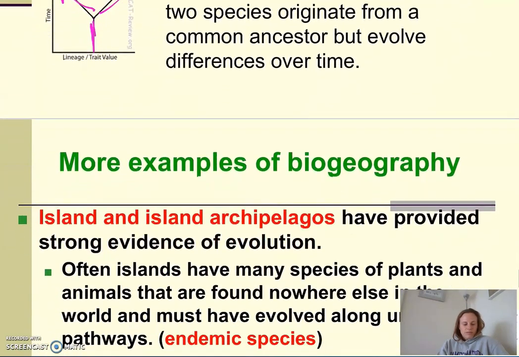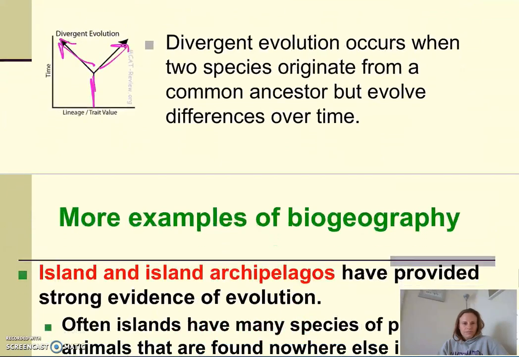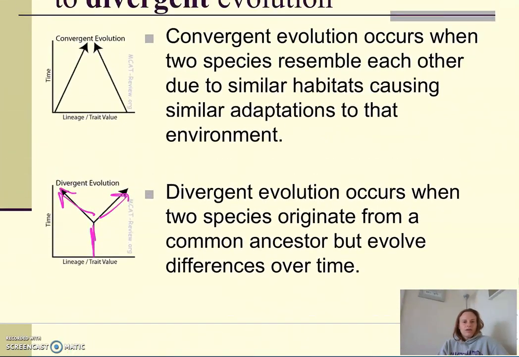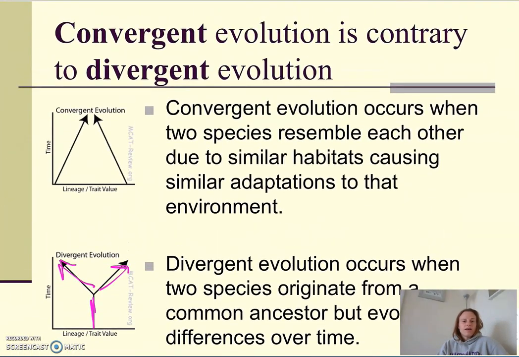So if we were to summarize divergent and convergent evolution, we could say that this would be the image that would represent convergent evolution. It's when there's a resemblance between organisms due to similar habitats, causing similar adaptations to that habitat, to that environment.